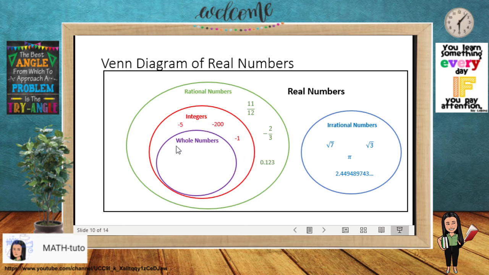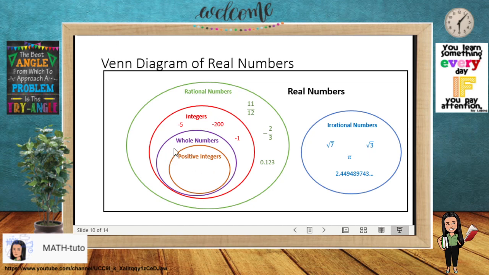But actually, if you want, you can also draw another circle here to write negative integers inside the set of integers, because negative integers is a subset of integers. And so with the whole numbers. Okay? And then for whole numbers, we have positive integers, which is a subset of whole numbers.